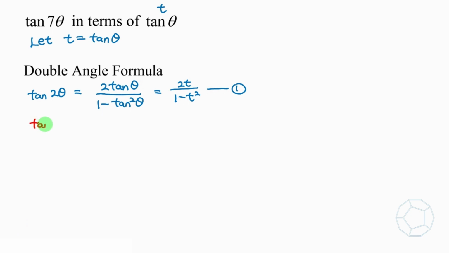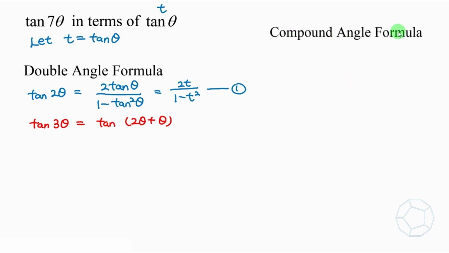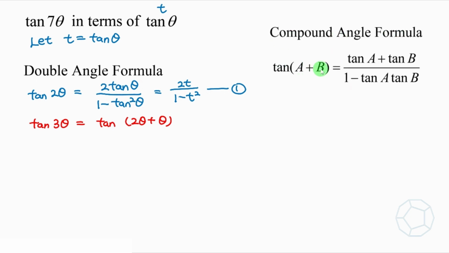Now, let's work out the formula of tangent 3 theta, which is equal to tangent of 2 theta plus theta. By the compound angle formula, tangent of a plus b is equal to tangent a plus tangent b over 1 minus tangent a tangent b. So we put a equals 2 theta and b equals theta into the formula.